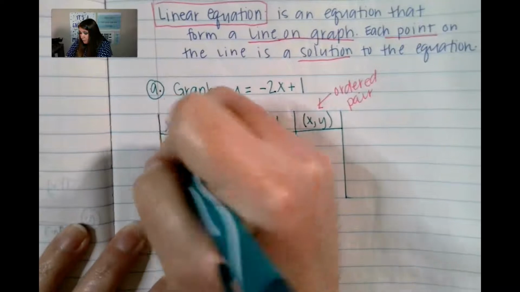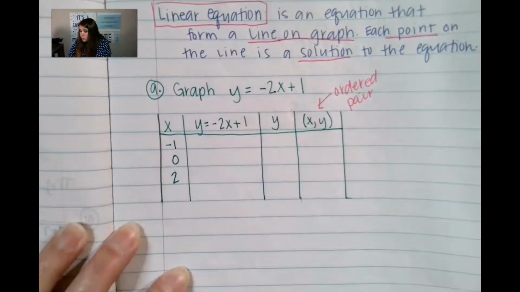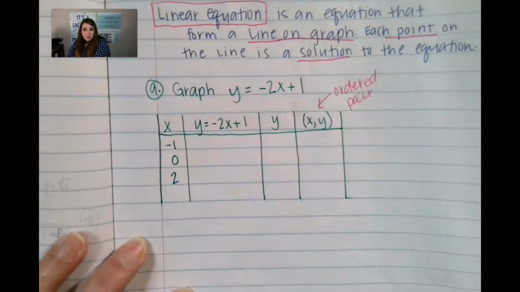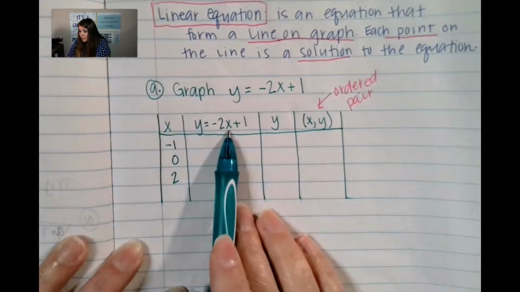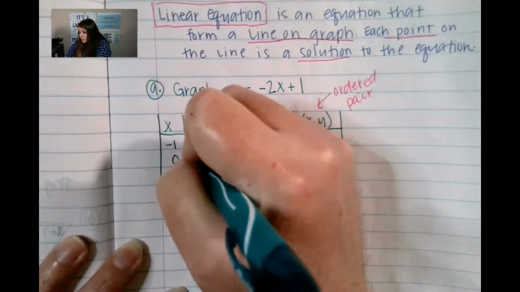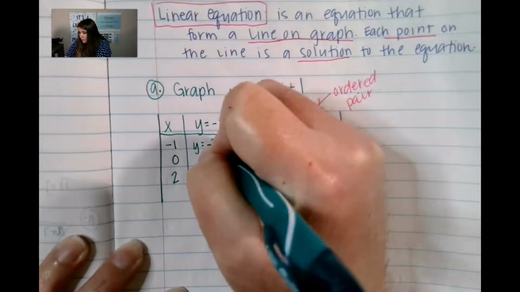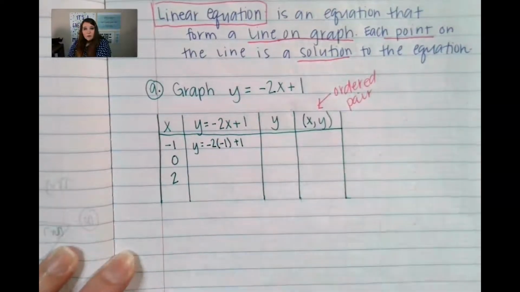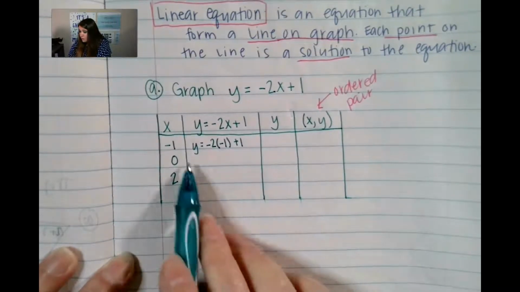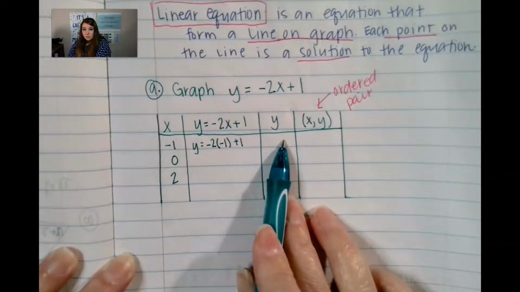Okay, so let's talk about some values. Let's use negative 1, 0, and 2 for our values in our table. So in our first equation, x is going to equal negative 1. So this says that y equals negative 2 times negative 1 plus 1. So when we solve this problem, we will get what y equals.